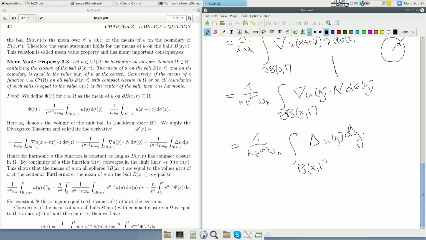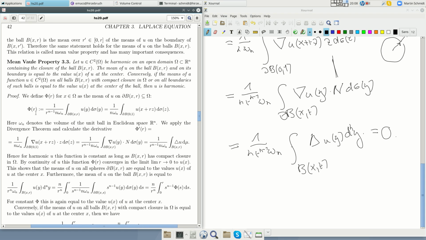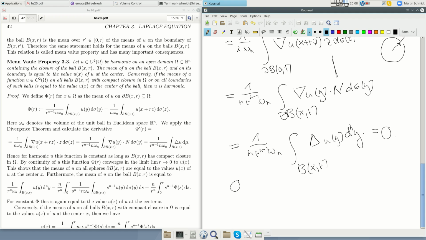And since the Laplacian vanishes, our function is harmonic, we have this is 0. So this means our function phi is constant, for all r such that the closure is contained in omega.